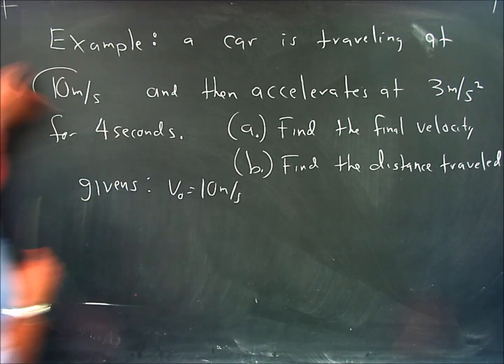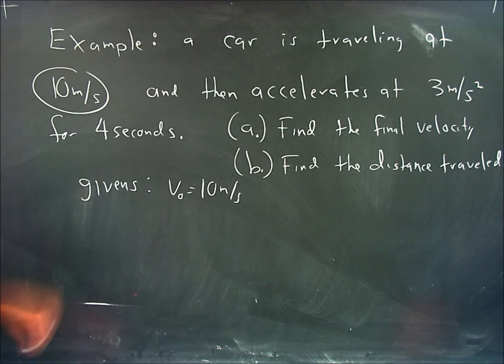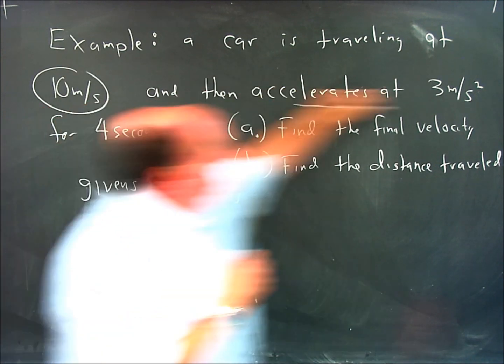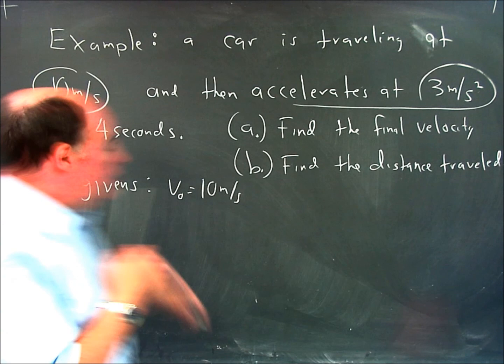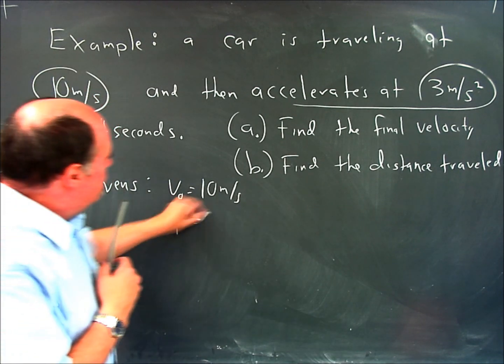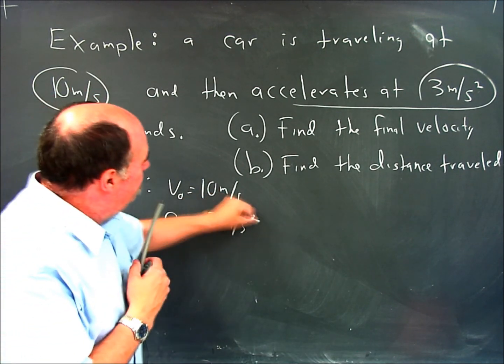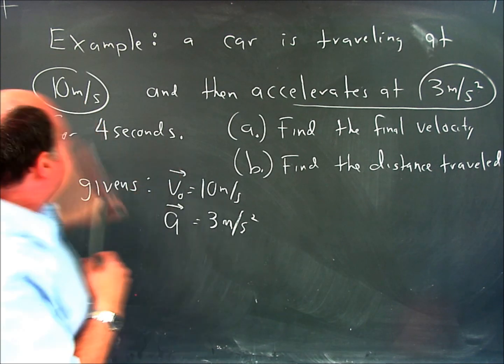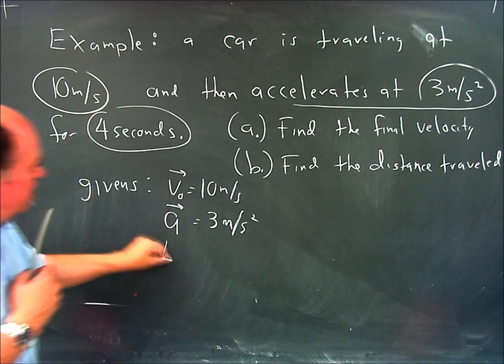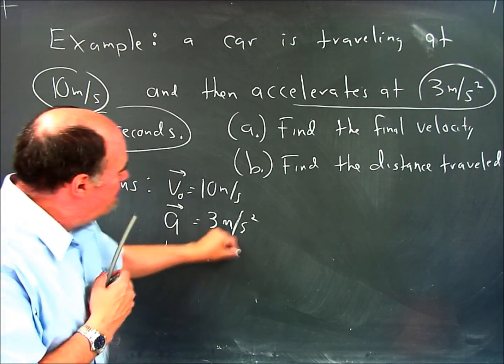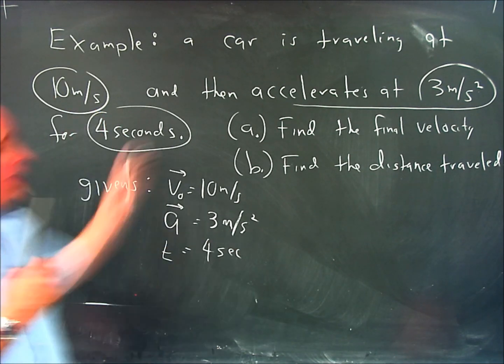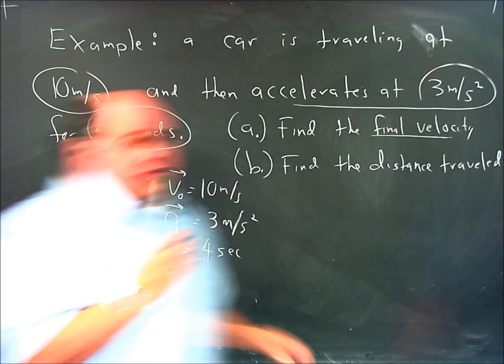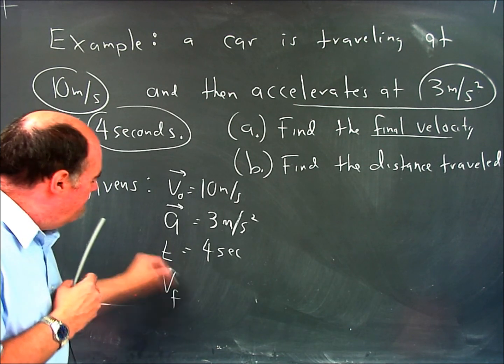It says it right here. They said the car is traveling at 10 meters per second. It tells us right here it accelerates at 3 meters per second squared. So the acceleration is 3 meters per second squared. It says right here for 4 seconds, so the time is 4 seconds. And it's asking us to find A. The first thing it says is find the final velocity. So V final equals question mark.